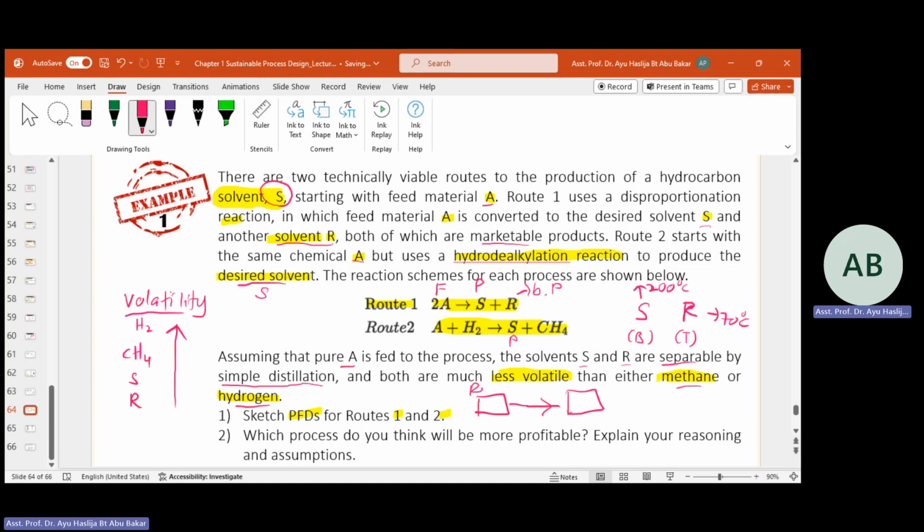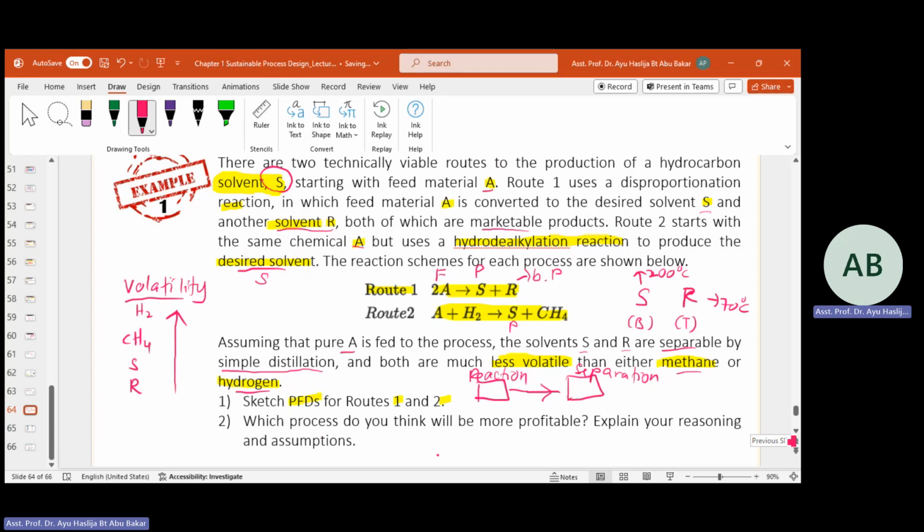So you should draw the PFD involving the reaction and separation for both routes. Then from there, try to conclude which process you think will be more profitable. Explain your reasoning.